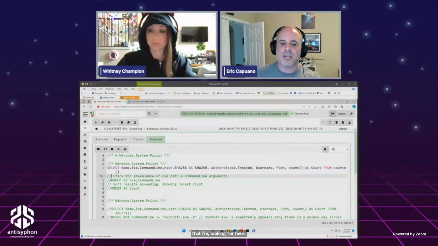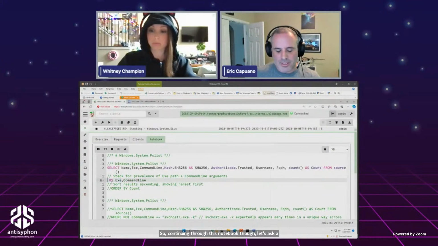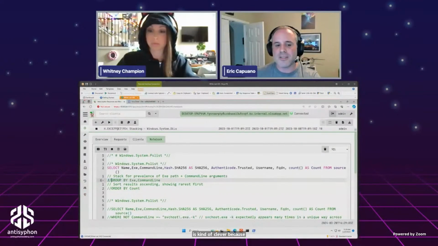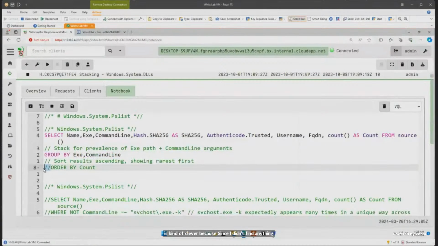This next one here is kind of clever, because since I didn't find anything interesting by looking for untrusted processes, the next type of activity that I would use is what we call stacking, right? So now I'm coming at it from: show me the most rare processes, the processes that out of all of these systems are only running on maybe one or two of them.